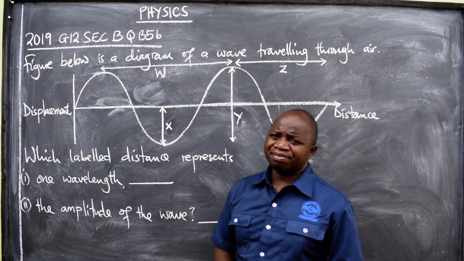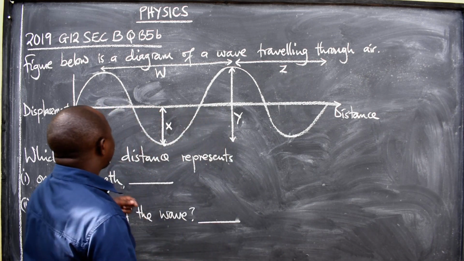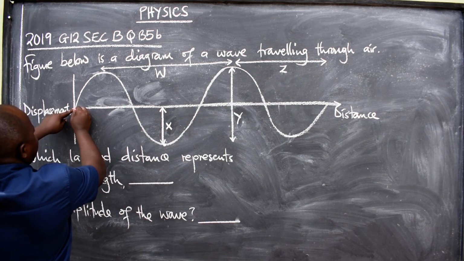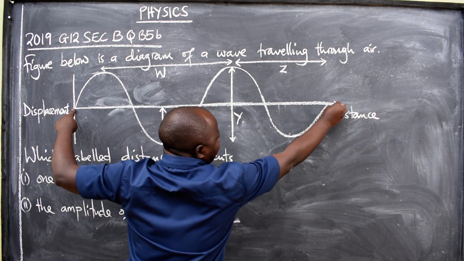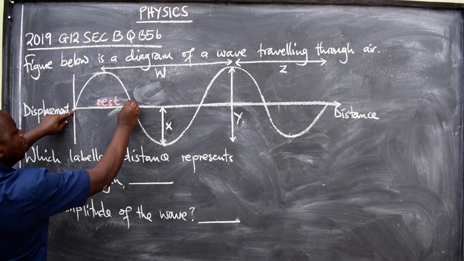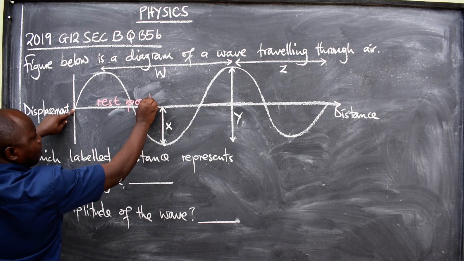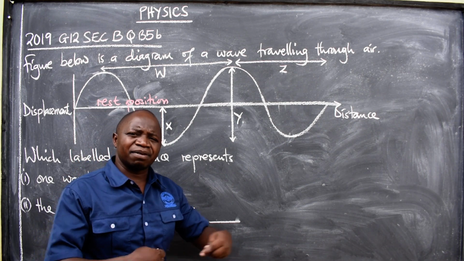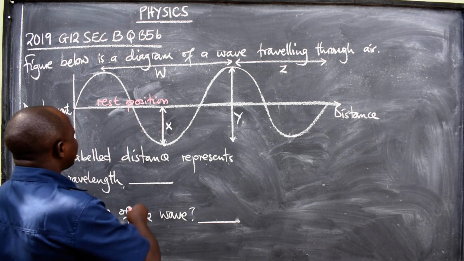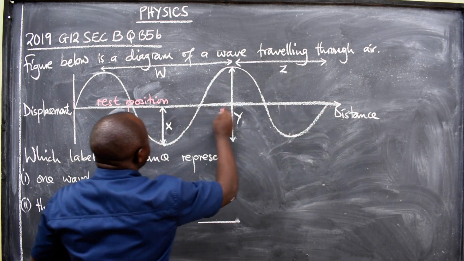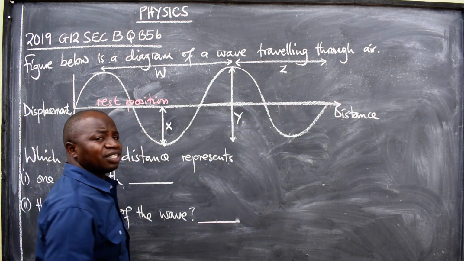So let's start. We have the starting point here at rest. Then have you seen this line here? This is what is called the rest position, and this is the disturbed wave. Then we have the rest position, which is not disturbed.